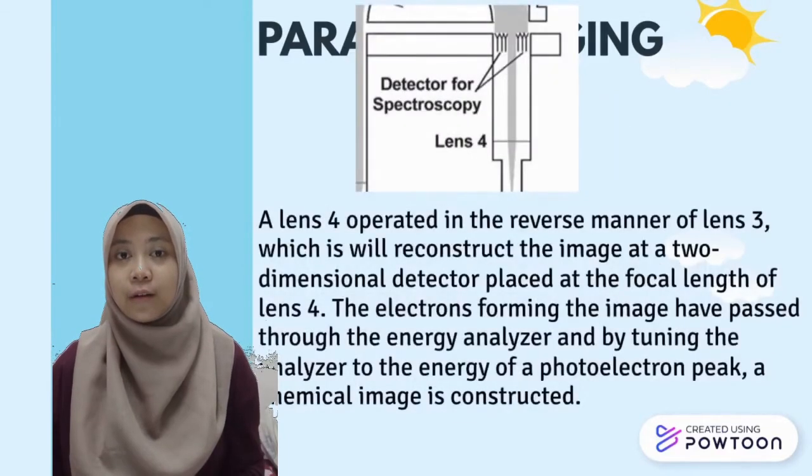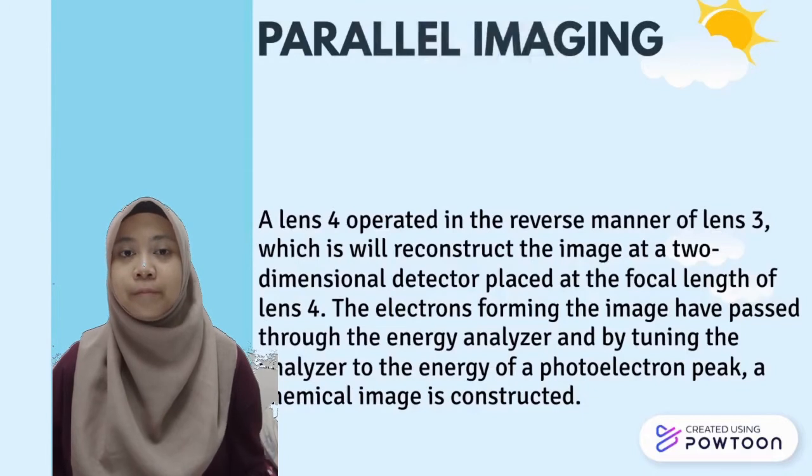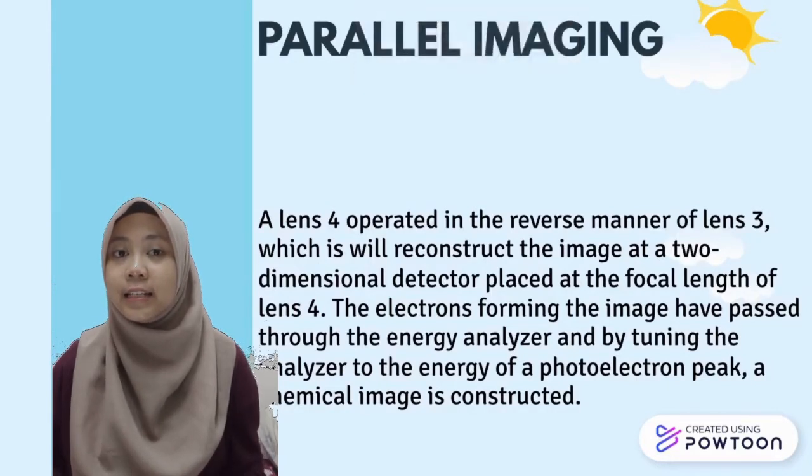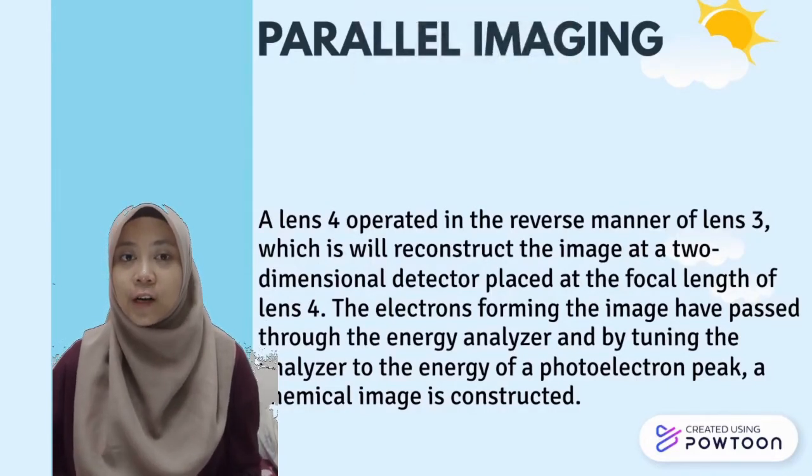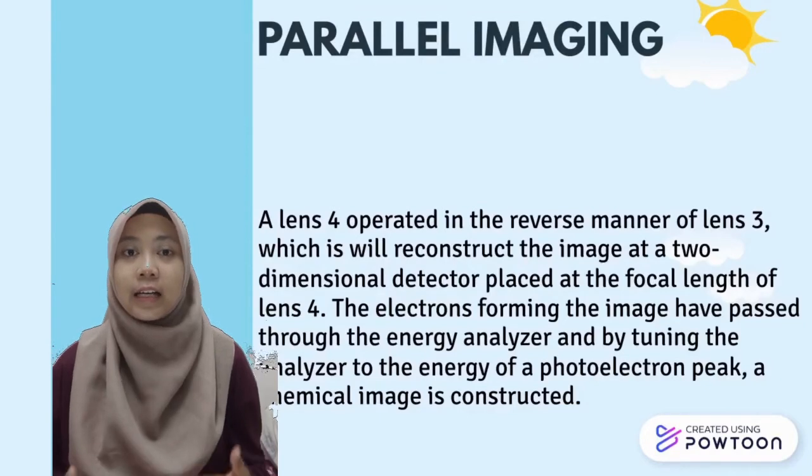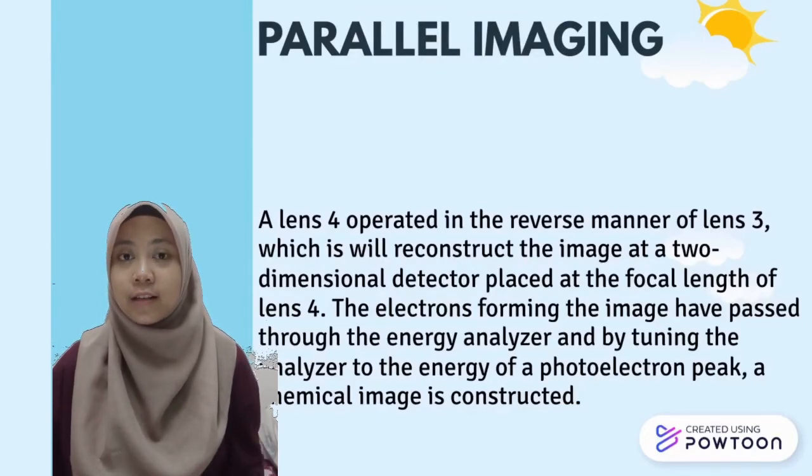Lens 4, operated in the reverse manner of lens 3, will reconstruct the image at a two-dimensional detector placed at the focal length of lens 4. The electrons forming the image have passed through the energy analyzer, tuned to the energy of a photoelectron peak. A chemical image is constructed.